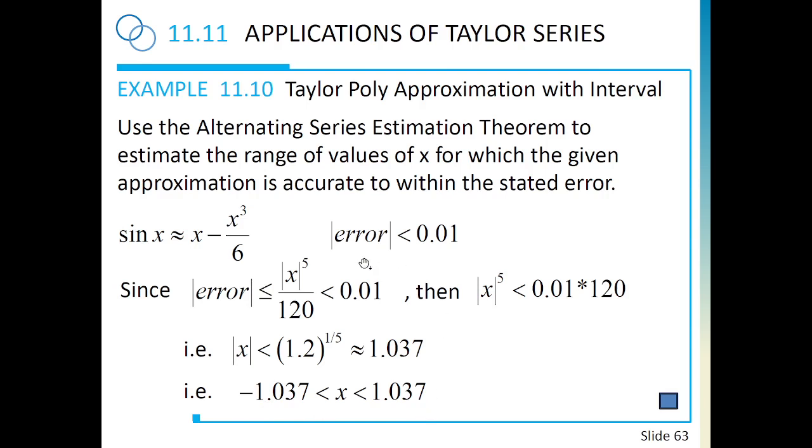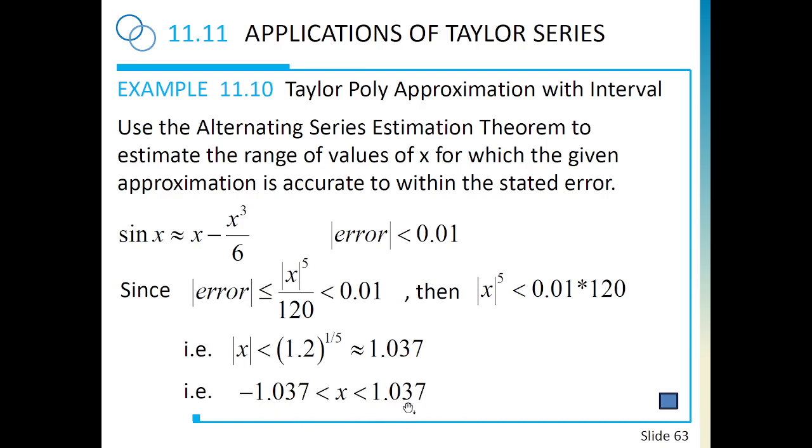So this means that the polynomial of degree 3 that is approximating sine centered at 0 gives us accuracy of 0.01 for all x in the interval from negative 1.037 up to 1.037.